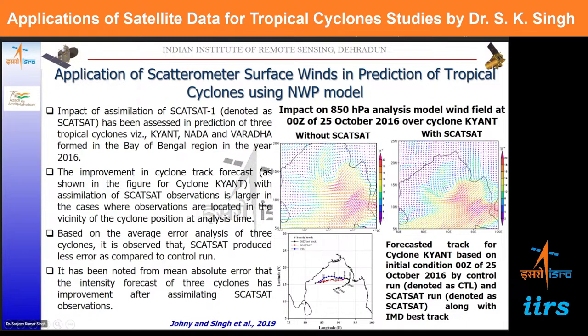So you can see after the assimilation of the ScatSat wind, this track has improved. Also the mean absolute error shows that the intensity forecast of the three cyclones also improved once the ScatSat observation was assimilated into the model.